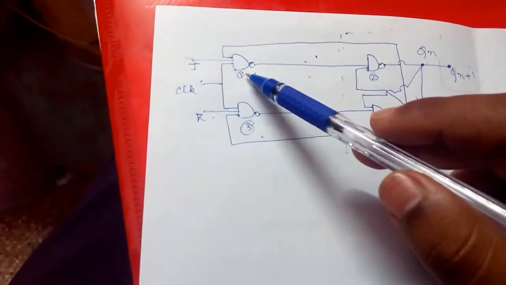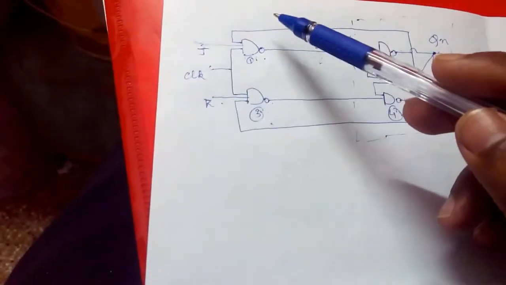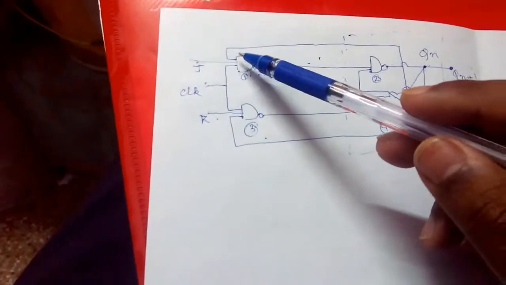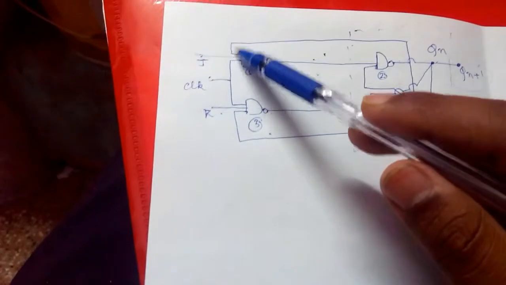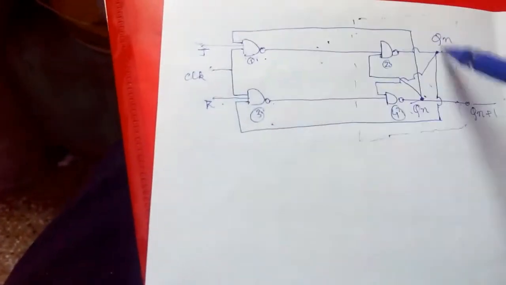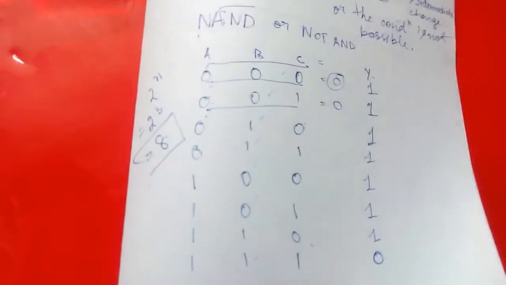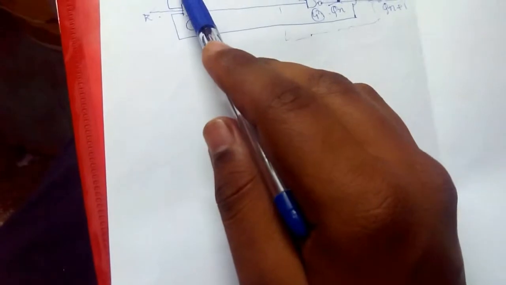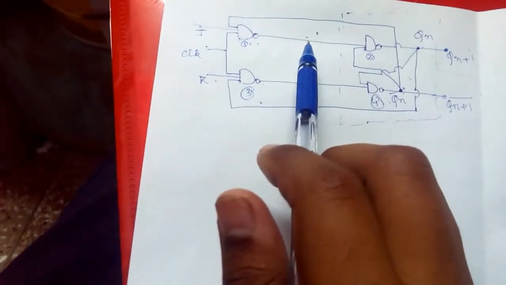And NAND gates 1 and 3 are the gate firing terminals, where, as you know, there are three inputs, J, clock and Qn, and that's why we made the NAND gate table at the beginning, and it will just give the output as it is here.